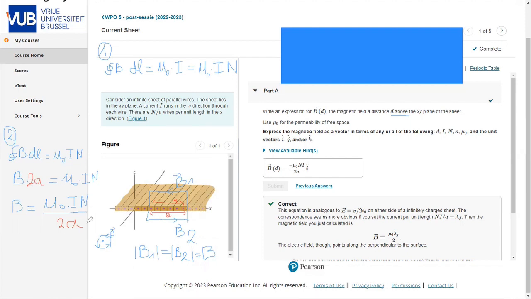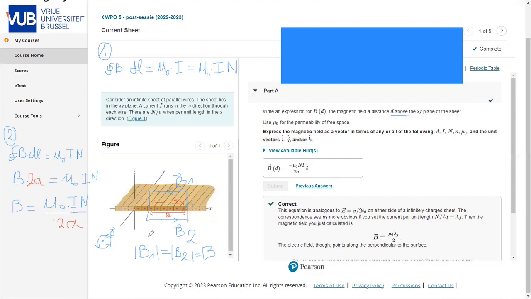Then you just have to calculate like this. Before I go to the third step, you have to look at this symbolic drawing. So I knew that my B is going to move in this direction, and that's why I drew it in one direction in my loop, in my path.